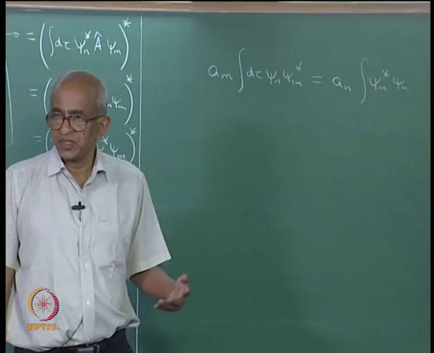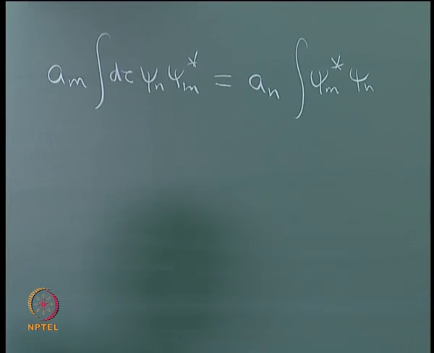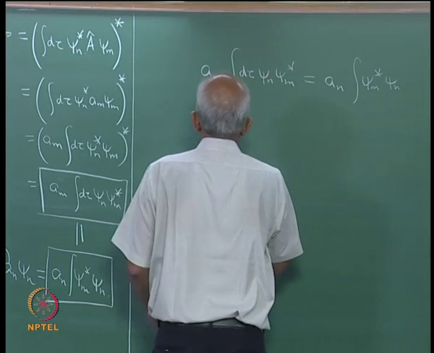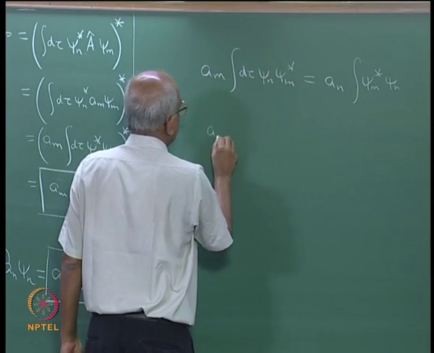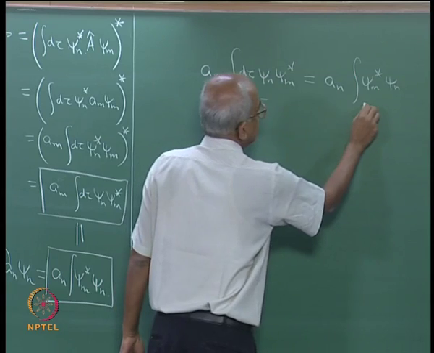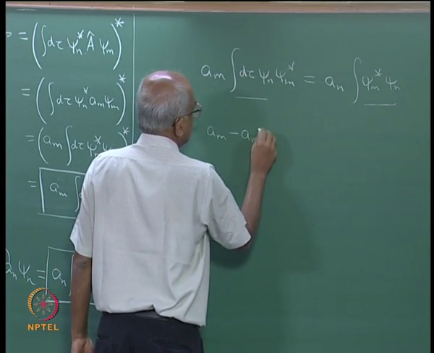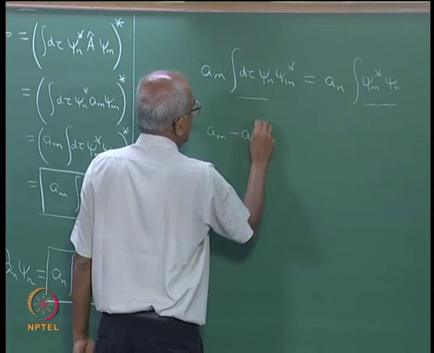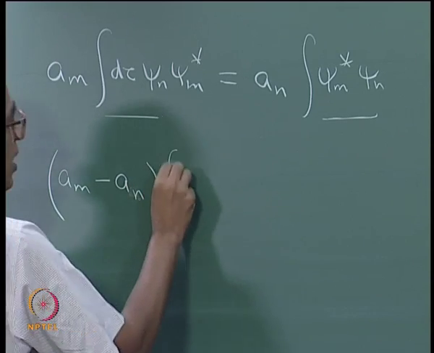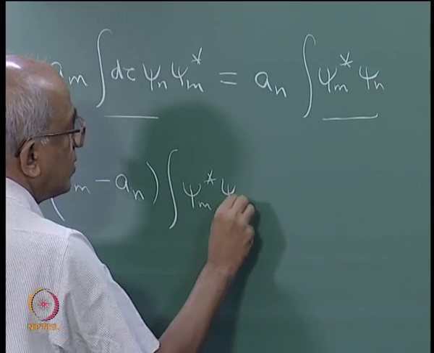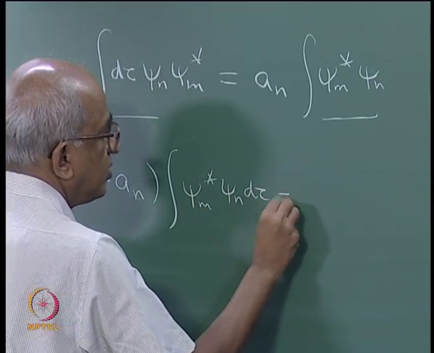And so, if you took the right hand side to the left hand side, you see that this and that are the same. So, what you are going to get is a m minus a n into the integral psi m star psi n d tau must be equal to 0.